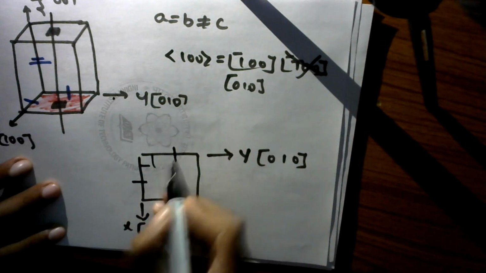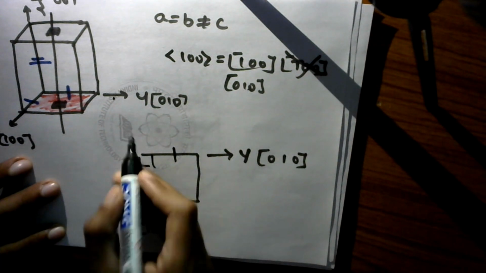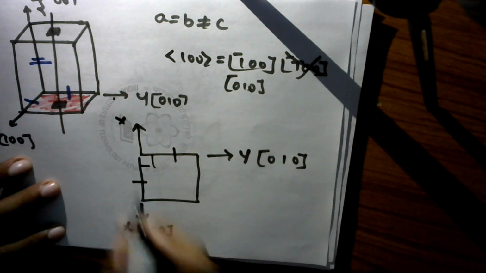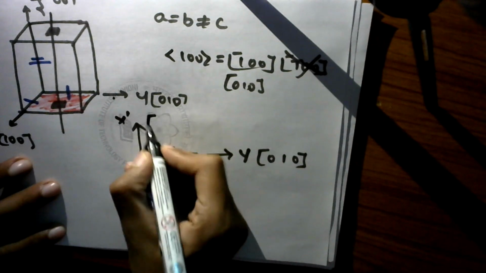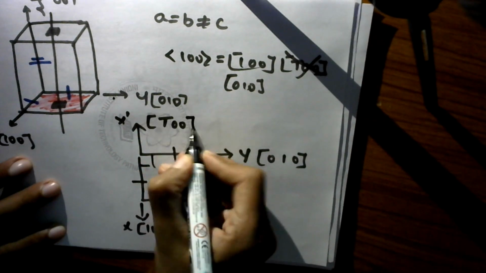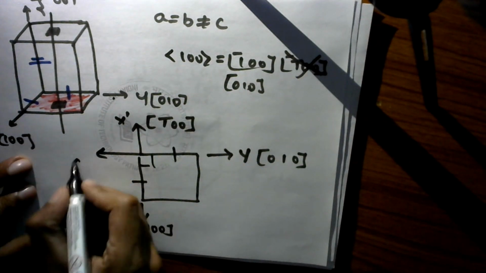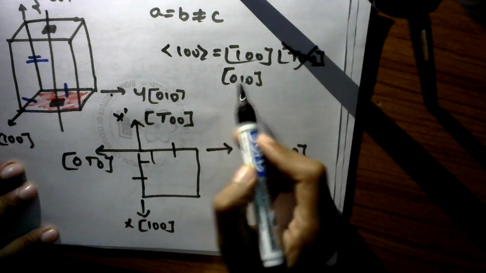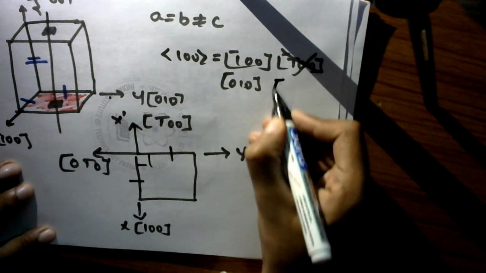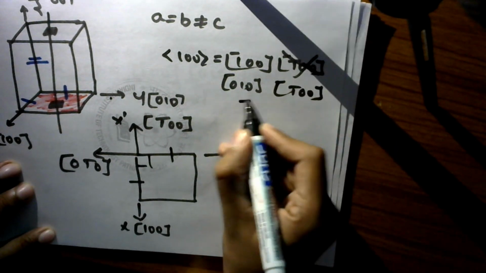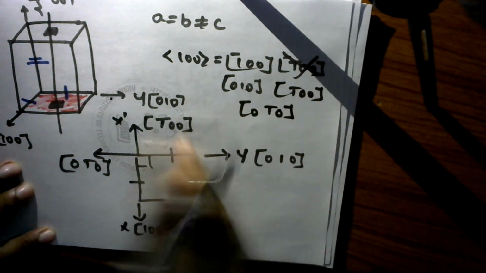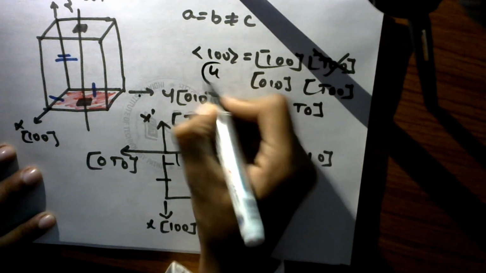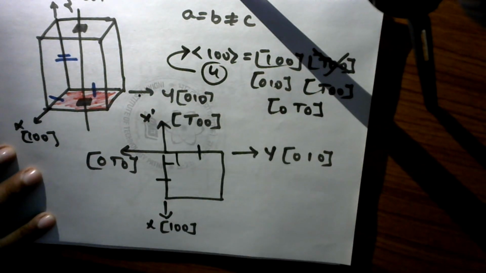Their magnitude is exactly the same. Now if I rotate y by 90 degrees, I should get something that is opposite to the x, right? X dash I can write. So it will be 1 bar 0 0. Again this direction, that is 0 1 bar 0, it will be there, right? So along with these two, we'll also add 1 bar 0 0 and 0 1 bar 0. So for the tetragonal, we got to know that there will be a total of 4 corresponding to this particular family.